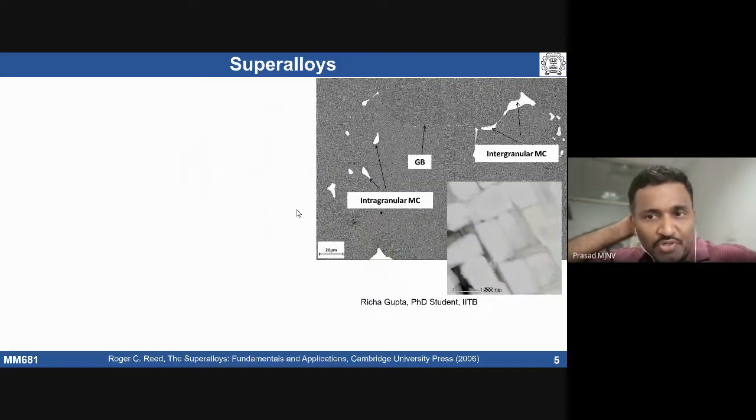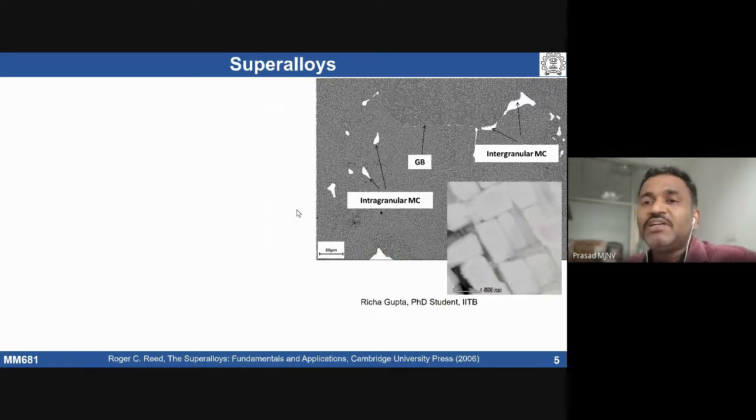When you talk about superalloys, if I take a particular material, say polycrystalline superalloy, it can have different types of microstructures. Within a superalloy, the microstructure typically contains gamma prime precipitates within a gamma matrix.